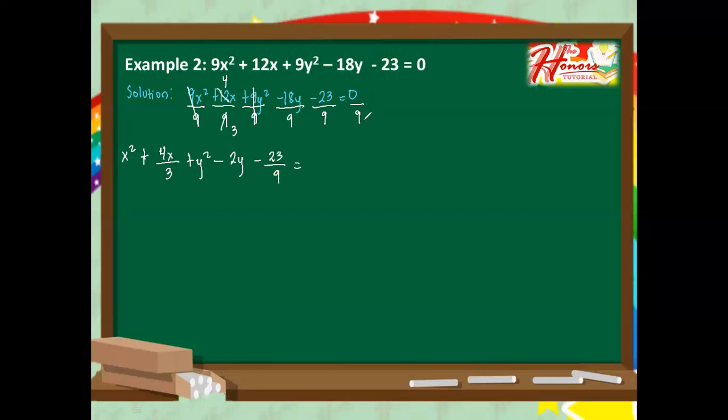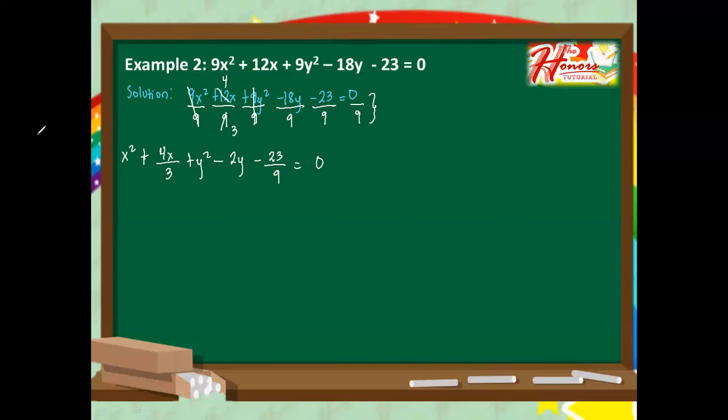Equals 0 over 9. We are not going to write 0 over 9 anymore, because when your numerator is equal to 0 and your denominator is not equal to 0, your answer should be 0. That is the rule. When your numerator is 0, automatically the answer is 0. That's it.